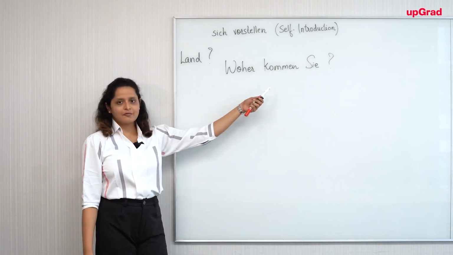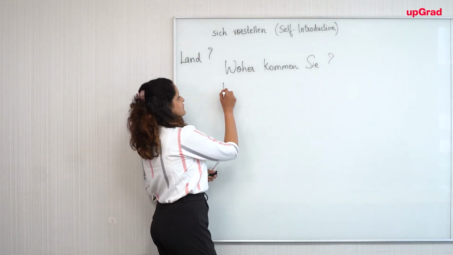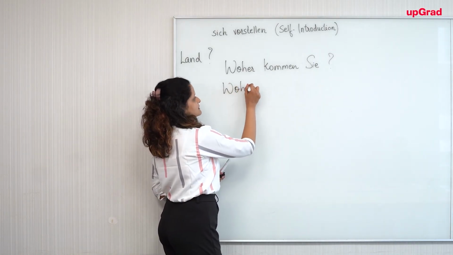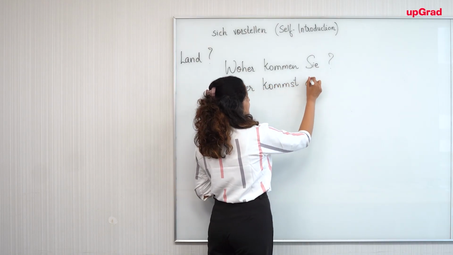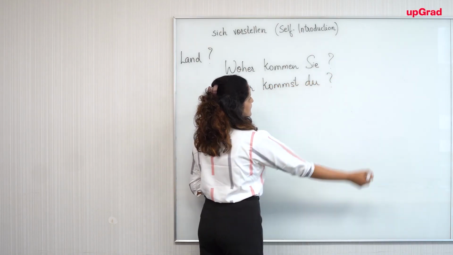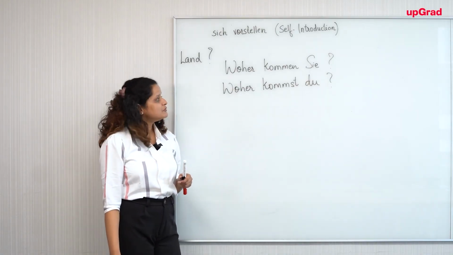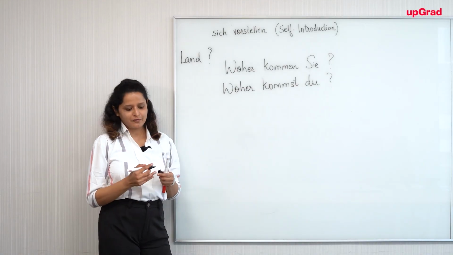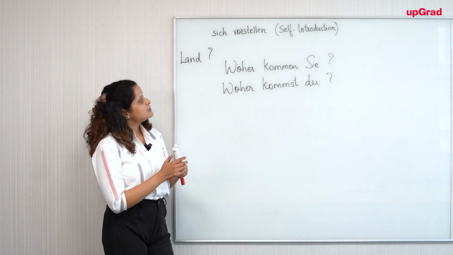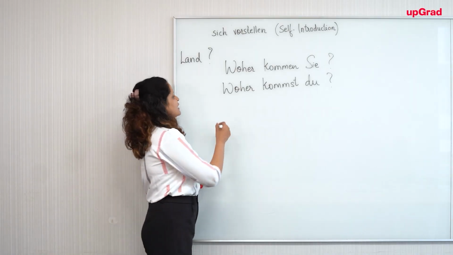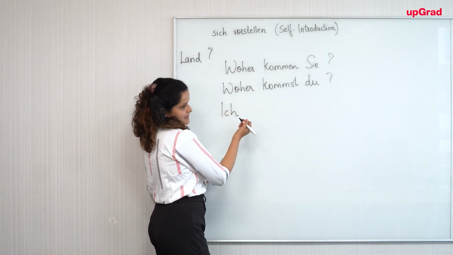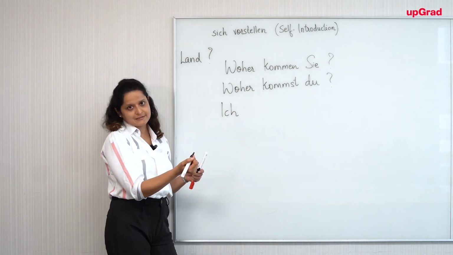So this is your formal question. Your informal question here becomes woher kommst du? You're keeping the verb the same, but you are conjugating it according to formal and informal. So woher kommen Sie? Woher kommst du? If you come from India, let's just say your country of origin is India.